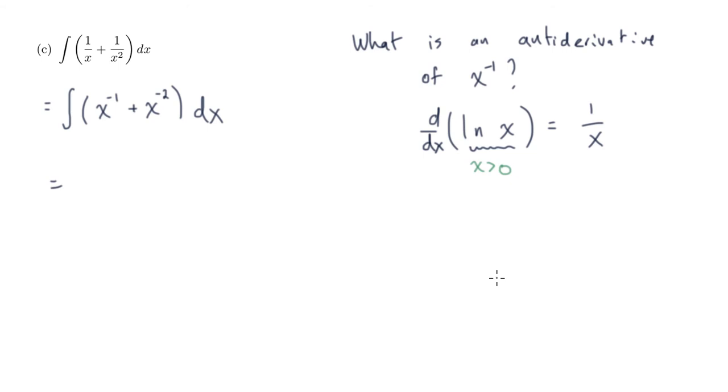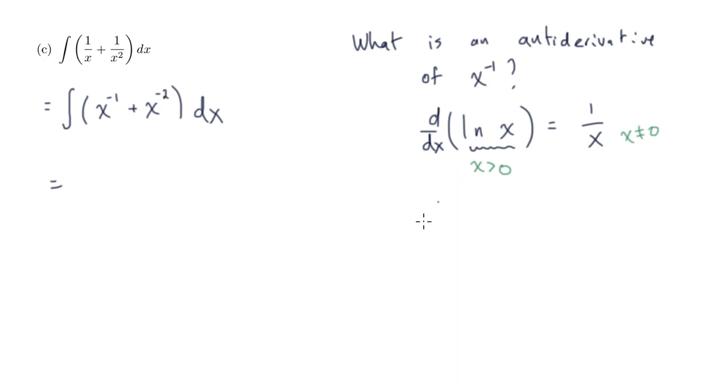Okay? But we can also think about if x is less than 0. So 1 over x, what's the domain of this function? Well, everything's fine as long as x is not equal to 0. Okay?